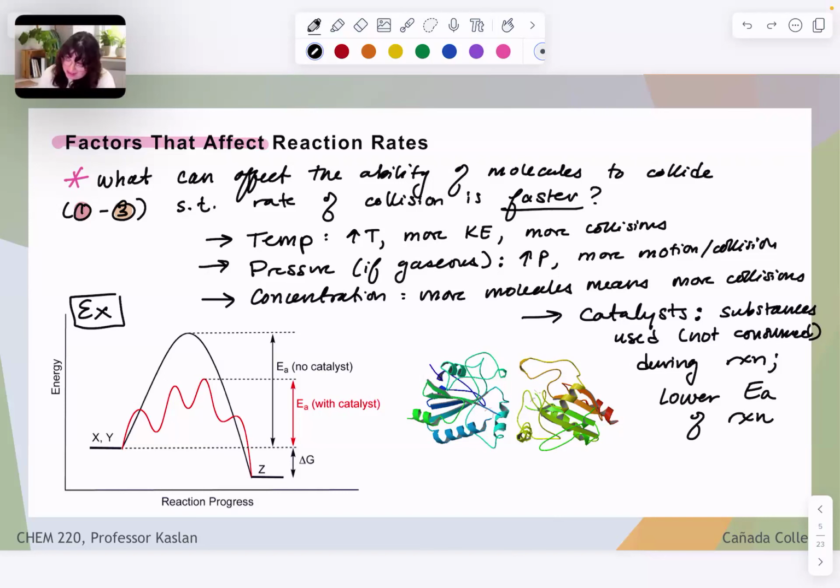And how they do that is actually rather interesting. So let's just put some end caps on this. We've got temperature, we've got pressure, we've got concentration, and now we have catalysts.